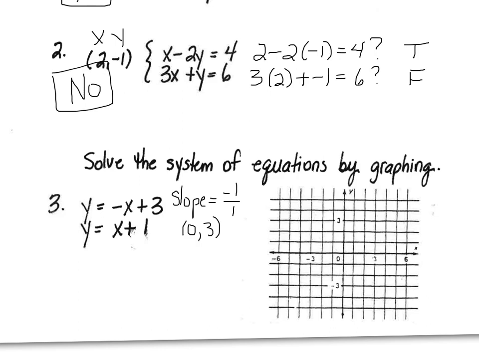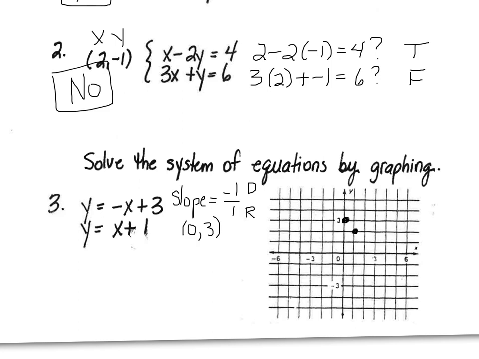That means I'm going to start at 0, 0, and I'm going to go up 3 spots. There's 0, 3. My slope is negative 1 over 1. So the negative 1 on top is going to tell me to go down because it's negative. The 1 on the bottom is going to tell me to go to the right. So I'm going to go down 1 and right 1.